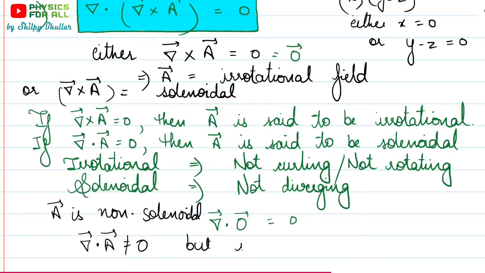But if A is solenoidal, that means A is not diverging. So then there is no question of finding divergence. If we already know that the vector field is not diverging, then if you try to find the divergence, obviously you will obtain 0. So in that case, this would be 0.